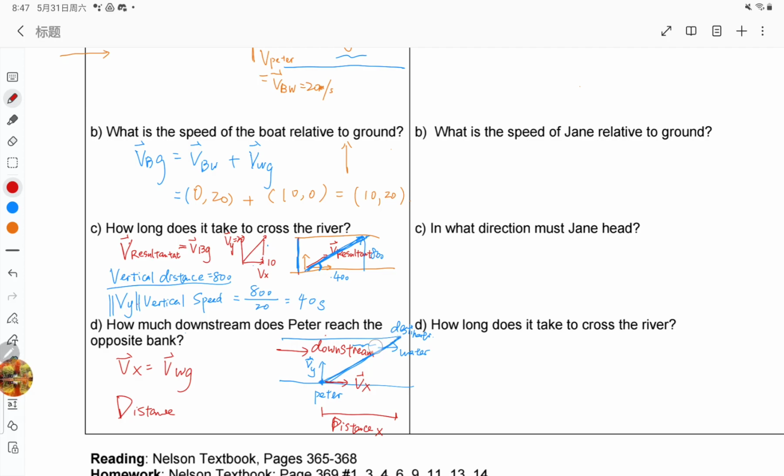So we can also decompose this vector, how much it travels along the x coordinate. So distance x is time multiplied by the velocity, right?